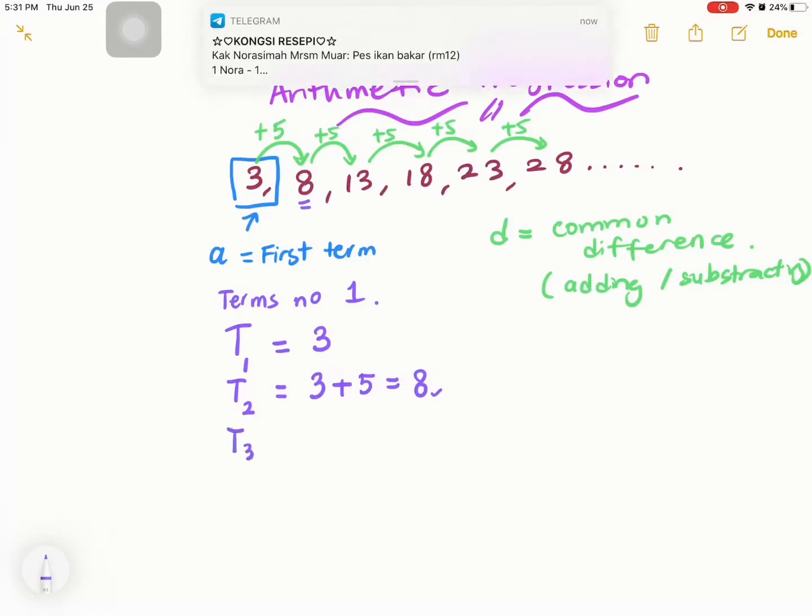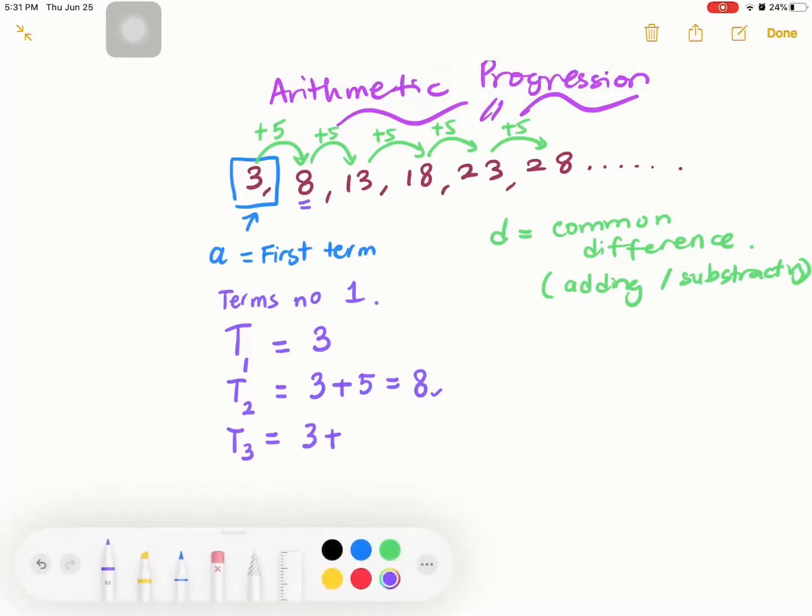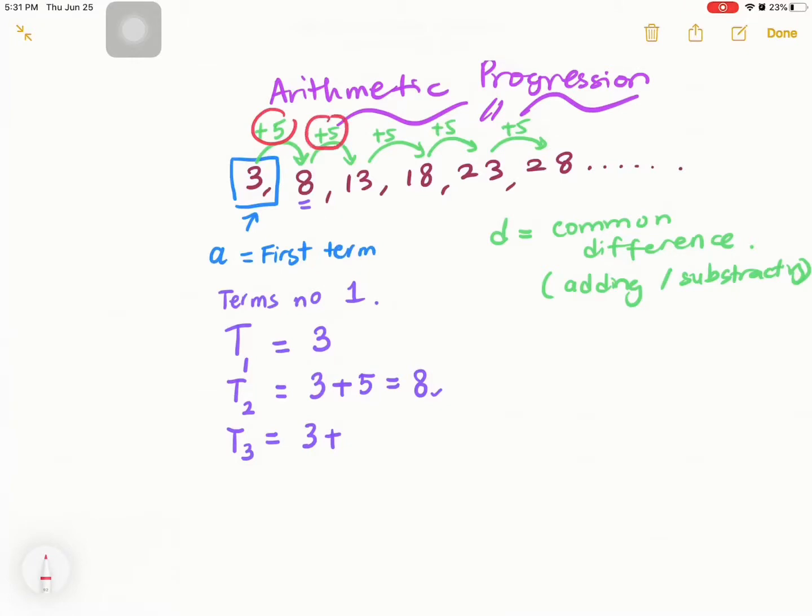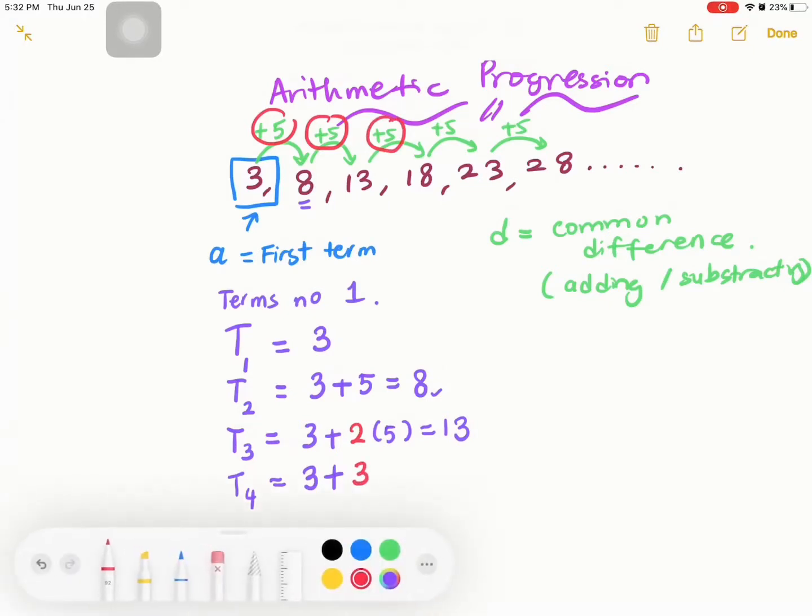For the third term, we say 3 plus an increase of 2 times 5. We multiply 2 with 5, then you get 13. For T4, we are still using the first term, so 3 plus 3 times 5, which equals 18.